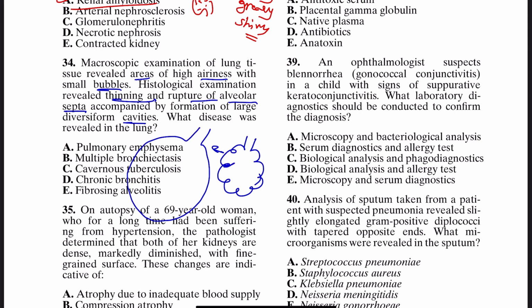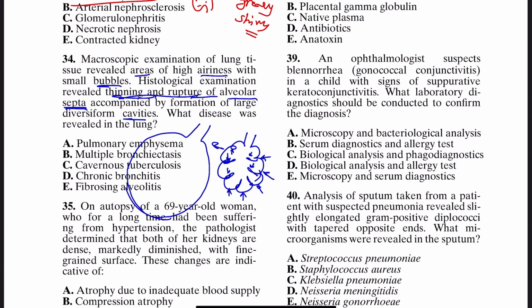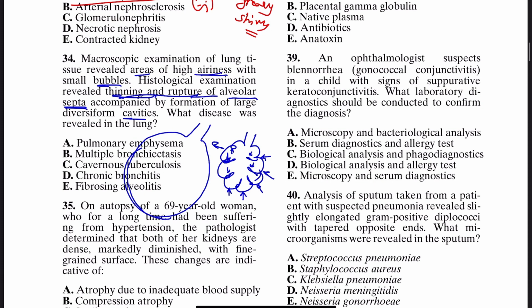So loss of the septa, the border between each individual alveolar sac. Thinning and rupture of the septa will cause these large alveoli, and they will store air. It will be inefficient in carrying out respiratory functions. This is pulmonary emphysema. Another keyword is that it presents with a crunch sound at autopsy.